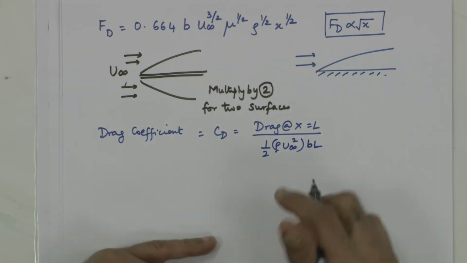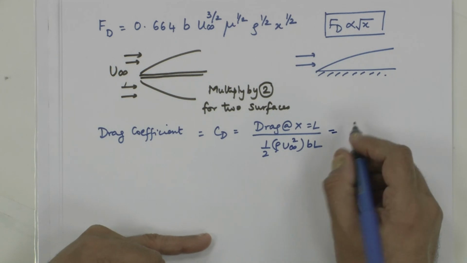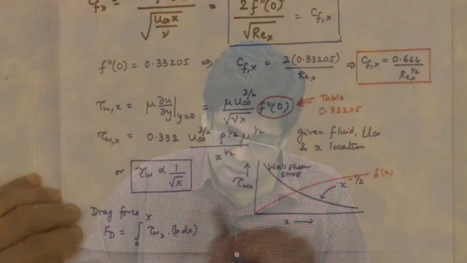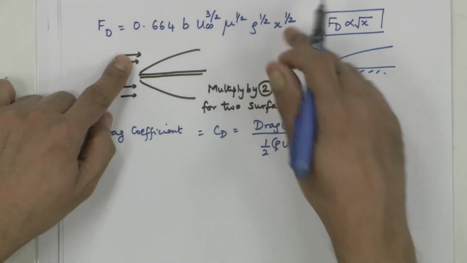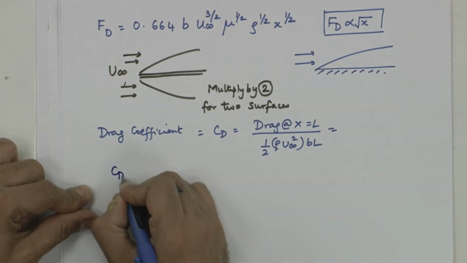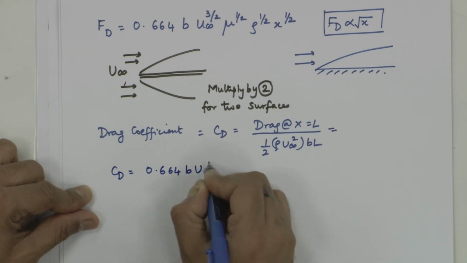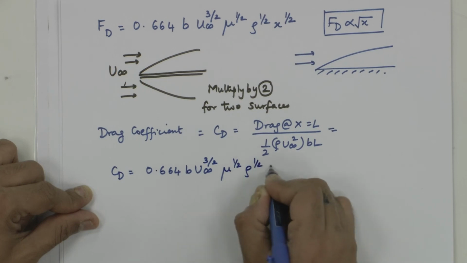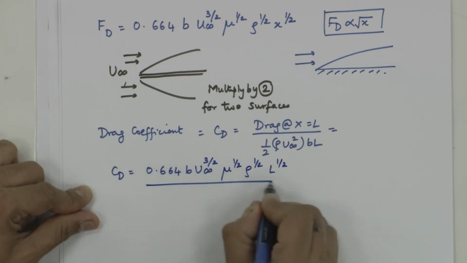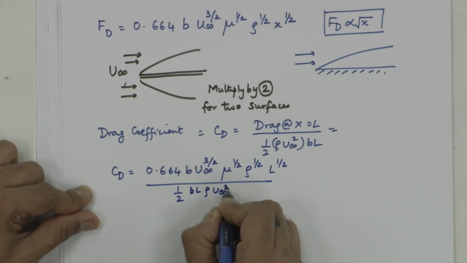If you substitute the local drag expression, this Cfx, with x equal to L, I will get CD equal to 0.664 b u to the power 3 by 2 mu to the power half rho to the power half L to the power half divided by half b L rho u infinity squared.